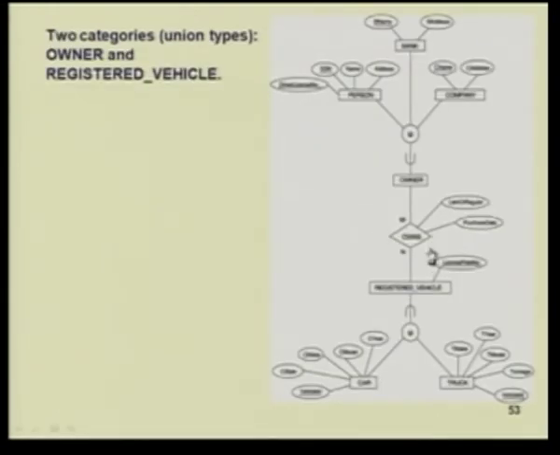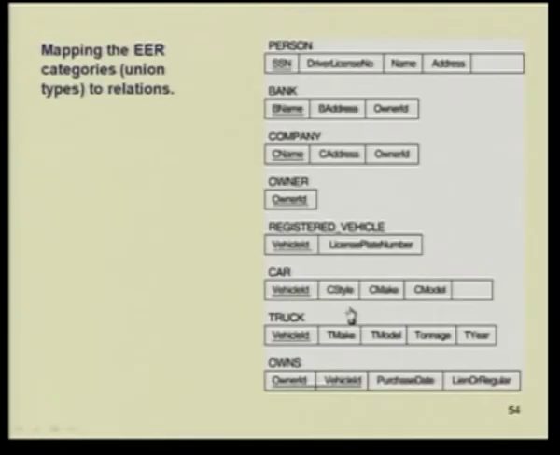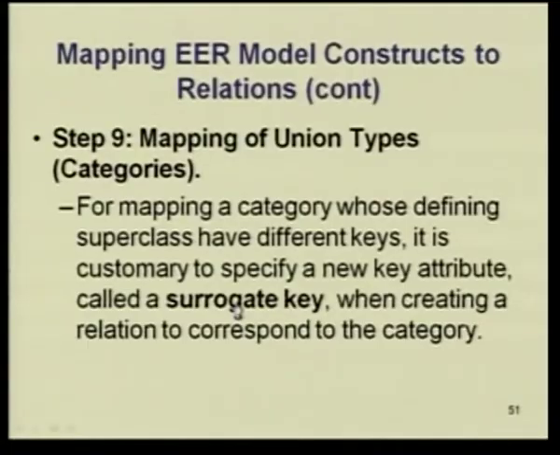Please note this owns is an M into N relationship, and in this particular case what we have done is we have associated the primary and the surrogate key. So, we are mapping a category whose defining superclass has different keys.